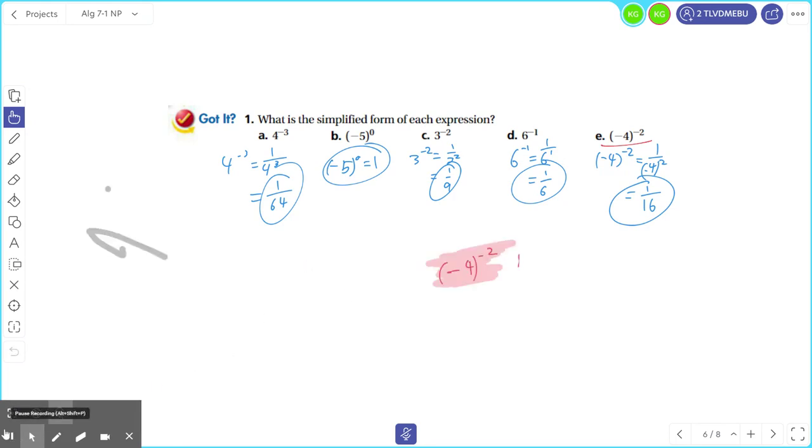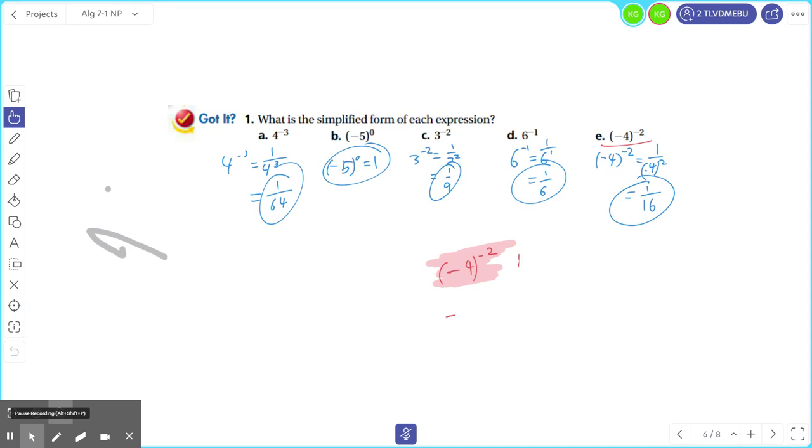When we have (-4) to the -2, it's very easy for people to put it into their calculator without the parentheses and get the wrong answer.